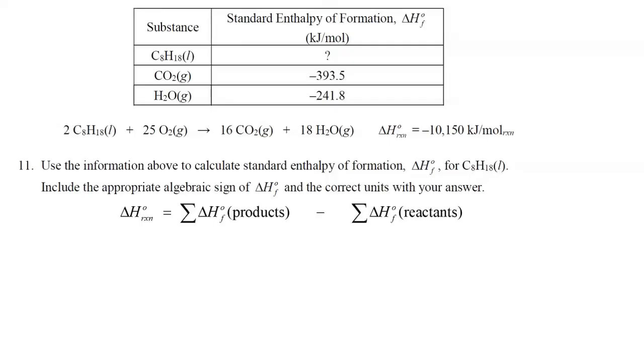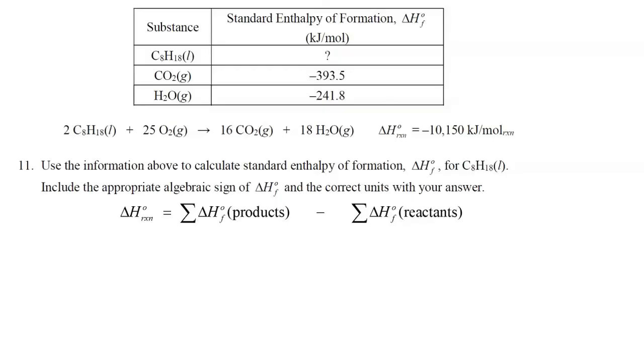But as you can see in the table, there's a question mark. So one of the substances that's listed in the table, we do not know the standard enthalpy of formation. That's for something called octane, C8H18 liquid.